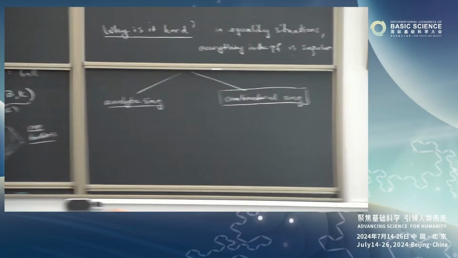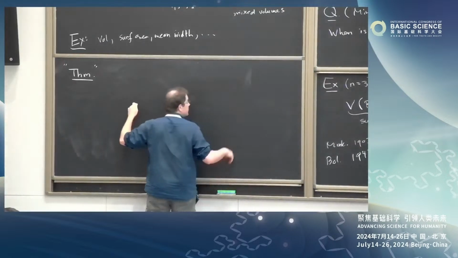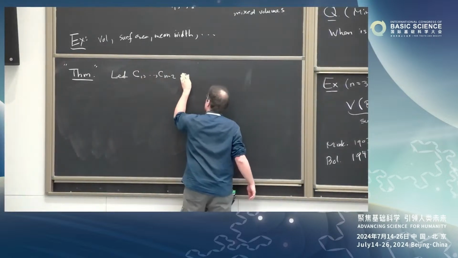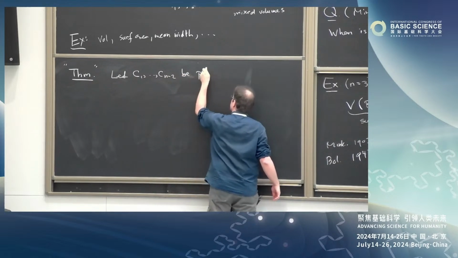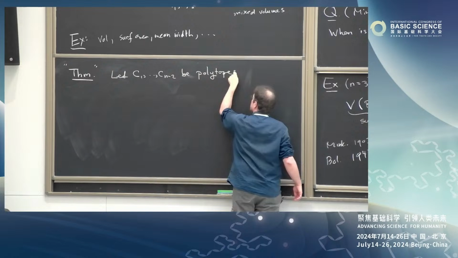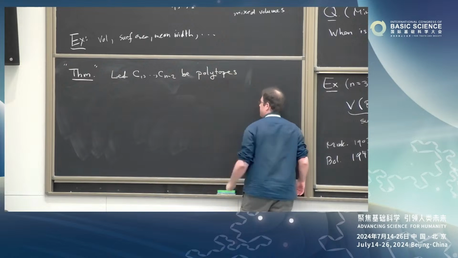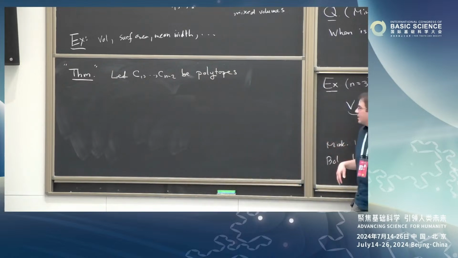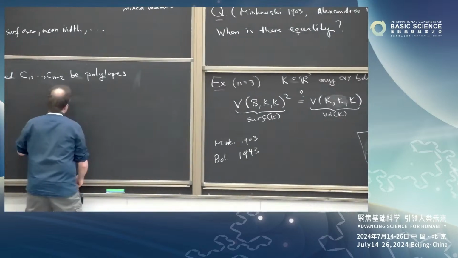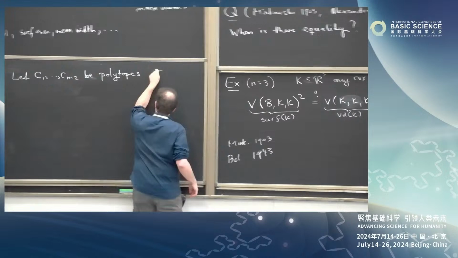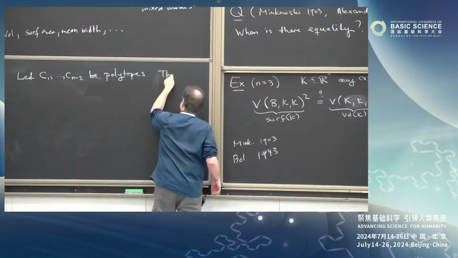What I mean is that these reference bodies are polytopes, convex polytopes. When I say convex polytopes, arbitrary. So then, the equality case.